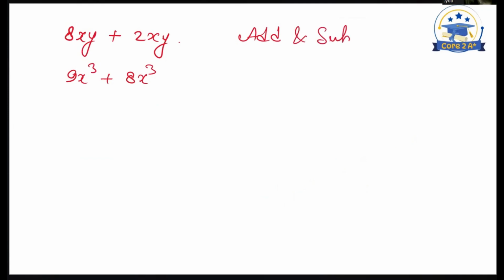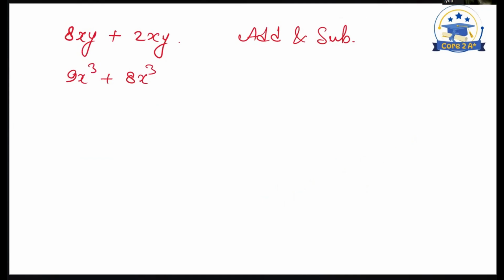Similarly, let me explain a little bit more about this. Like terms means 8xy plus 2xy, right? 9x cube plus 8x cube. For addition and subtraction, like terms are very important.